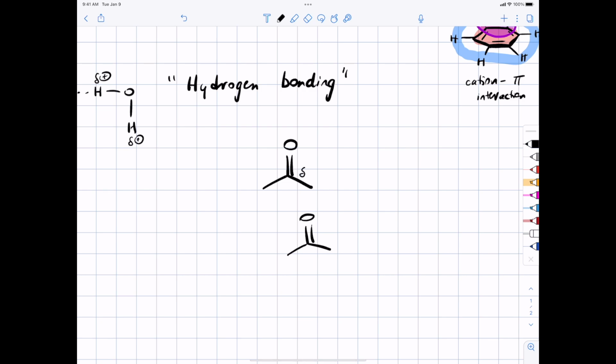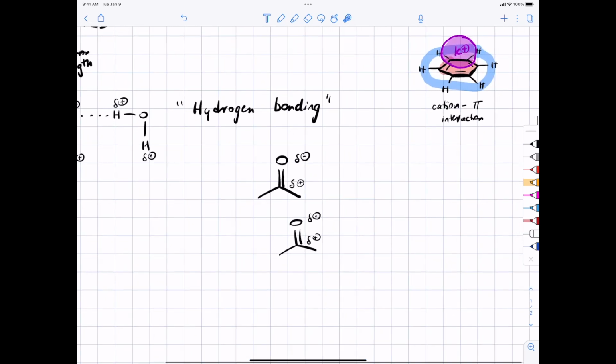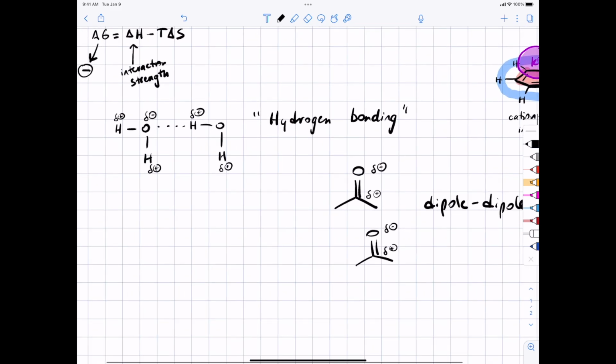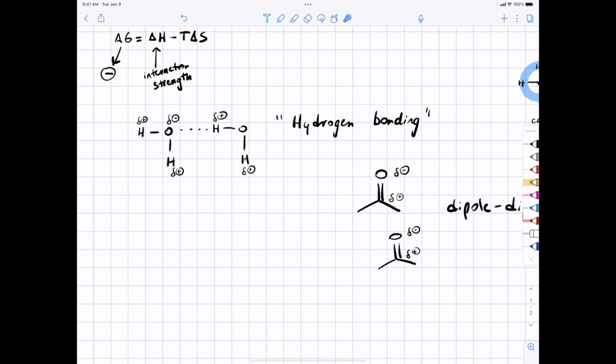It has an electron-deficient carbon and an electron-rich oxygen. And one of the things that keeps acetone as a liquid at room temperature is interactions between the individual ketone molecules as their dipoles align. But this dipole-dipole interaction is not as strong as the hydrogen bonding interaction here.